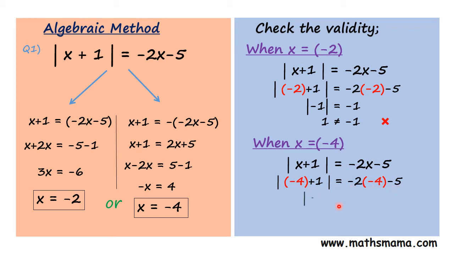On the left hand side we get 3 and the right hand side also we get 3. So it's satisfied. That means it's a valid solution. That's why you have to be very careful in solving modulus equations using the algebraic method. Checking the validity is a must. So here we got only one solution for the equation.